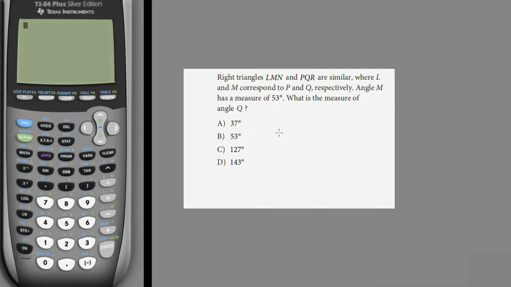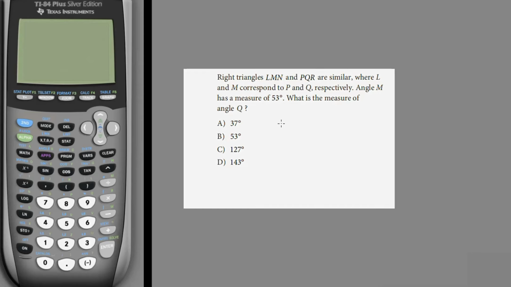Knowing the fact that corresponding angles in similar triangles are congruent, the angle M here equals the angle Q here. Since angle M has a measure of 53 degrees, it means that angle Q will still be 53 degrees.